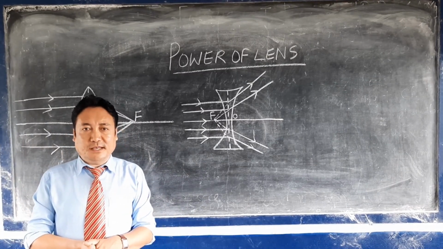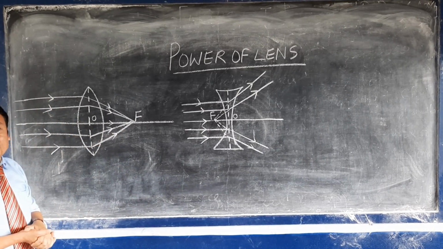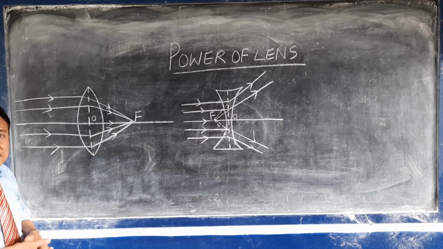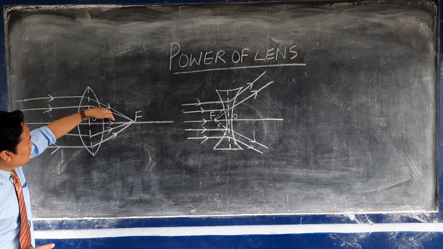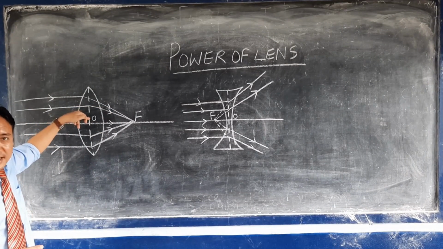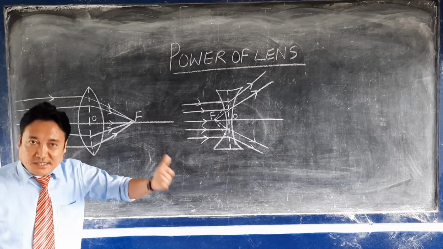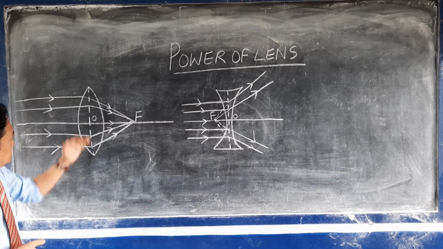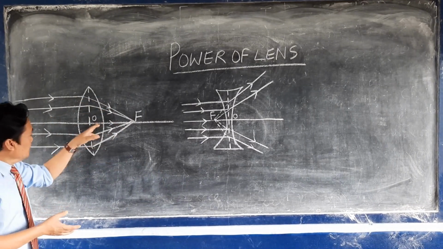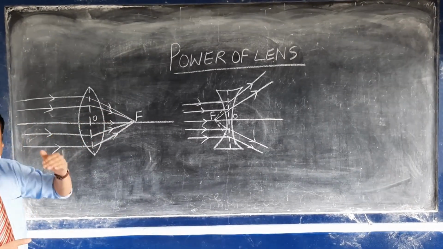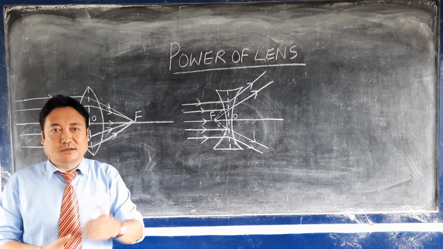In a convex lens, when the rays of light strongly focus very close to the optical center, that means the rays of light converge and this converging point is very close to the optical center, in that case the lens is said to have more power. When the beam of light focuses strongly, very close to the optical center, the lens will have more power.